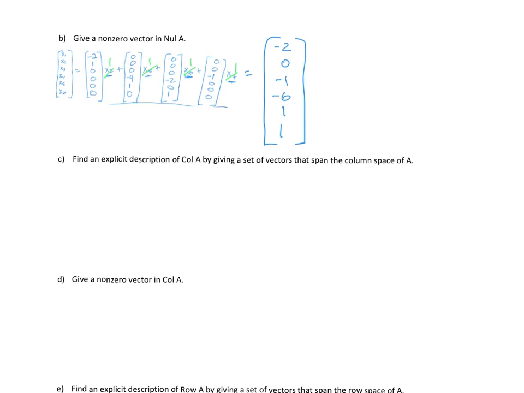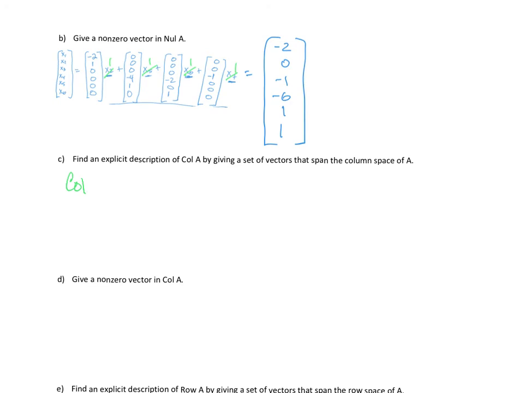Okay, find an explicit description of col A by giving a set of vectors that span the column space of A. Okay, the definition of col A is the set of all linear combinations of the columns of A, which means that if you take the span of the columns of A, that's col A, right?